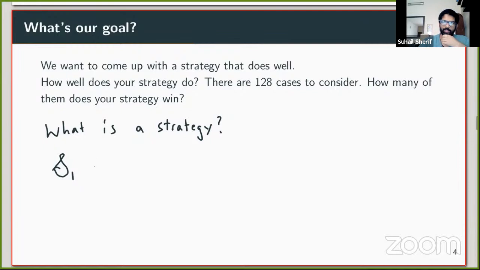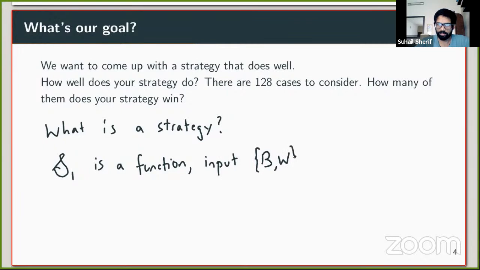The strategy can be specified completely by looking at what input the strategy gets. So S1 is actually a function. It's a function that takes as input the other players' hats. We'll write that as black and white to the power 6, meaning a length 6 string of black and white.